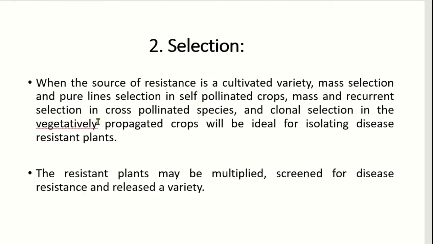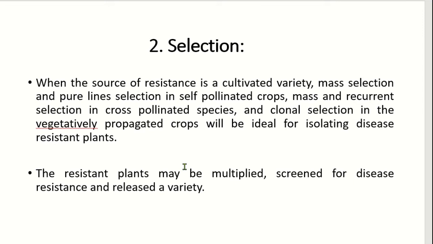Next thing is selection. Selection can be done in different ways: mass selection and pure line selection in case of self-pollinated crop plants, mass selection and recurrent selection in case of cross-pollinated crop plants, and clonal selection in case of vegetatively propagated crop plants. In case of selection, to avoid biotic and abiotic stresses, the main intention would be to broaden the genetic base.